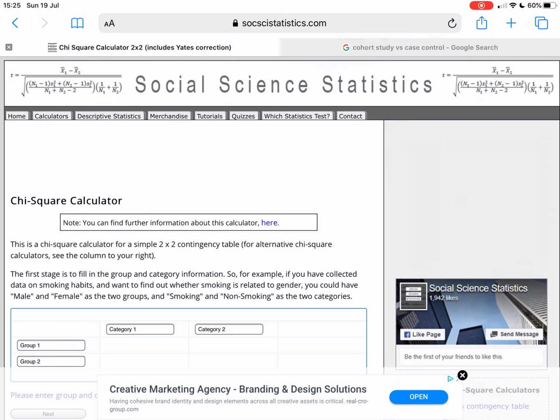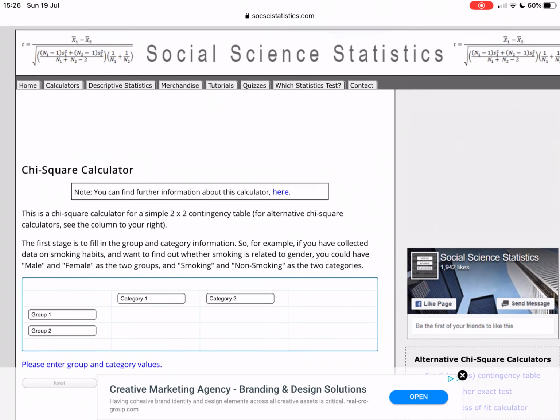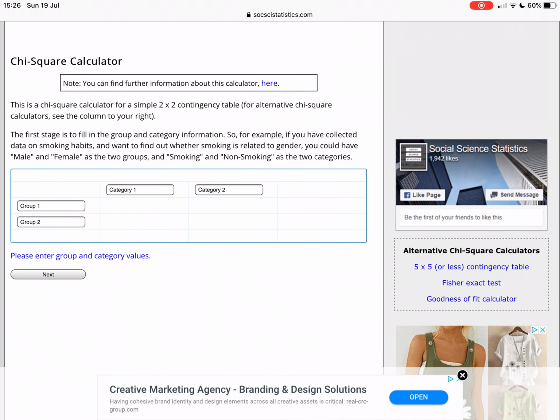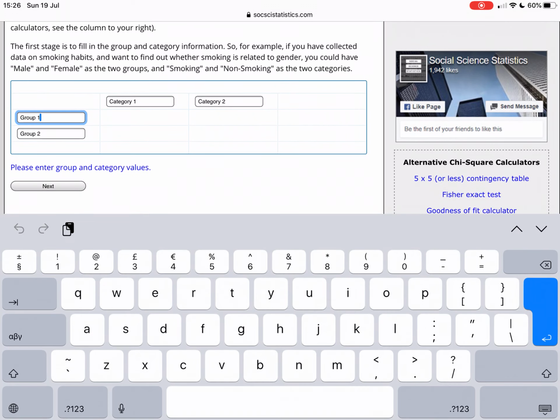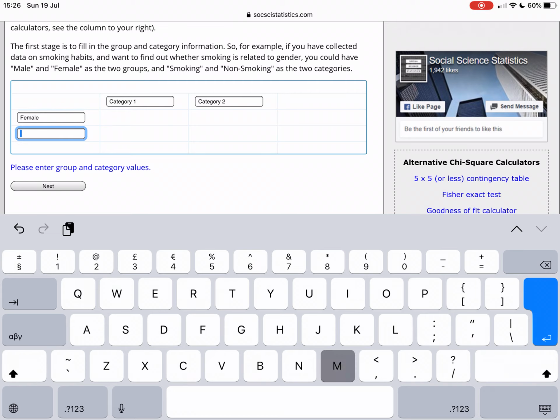And that's here on the Social Statistics website, which is really nice. So all we need to do is we need to change the values. So we said the females were first, ladies first, female, and then we had the male.